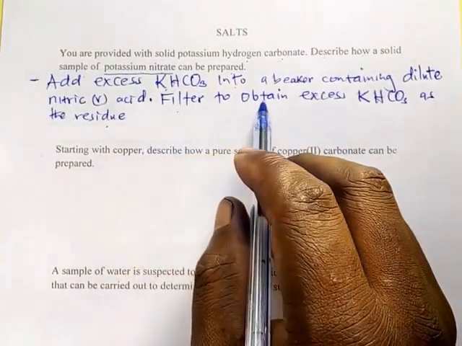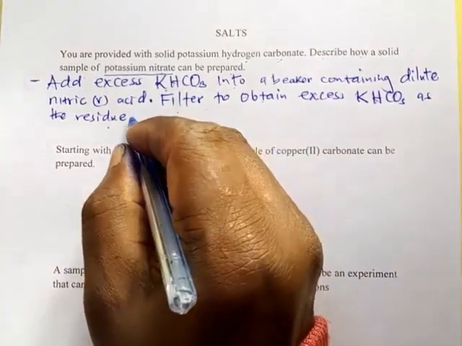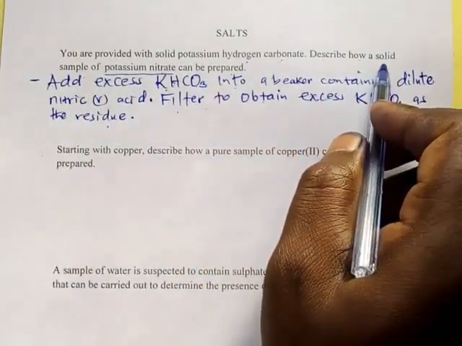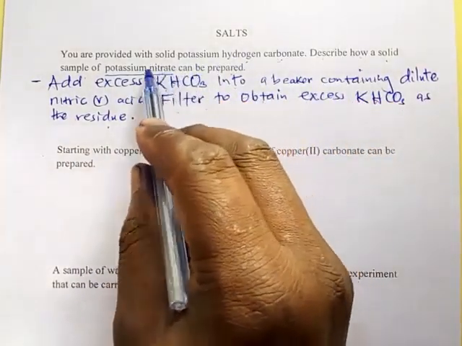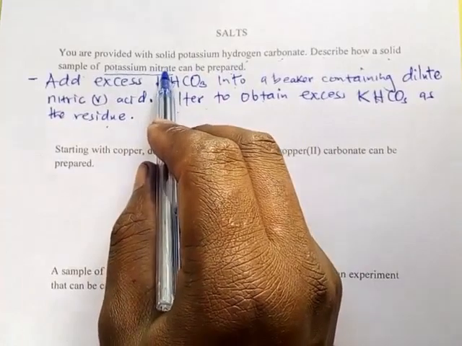So filter to obtain excess potassium hydrogen carbonate as the residue, and then now we want the solid. So we have now to evaporate the filtrate, which is potassium nitrate. The filtrate is potassium nitrate, of course.